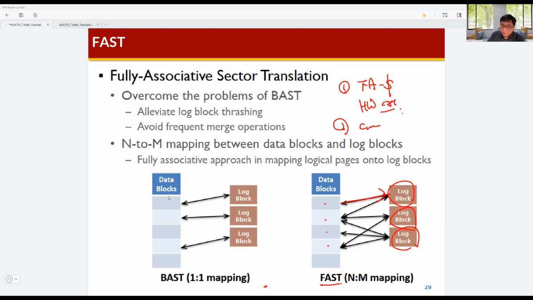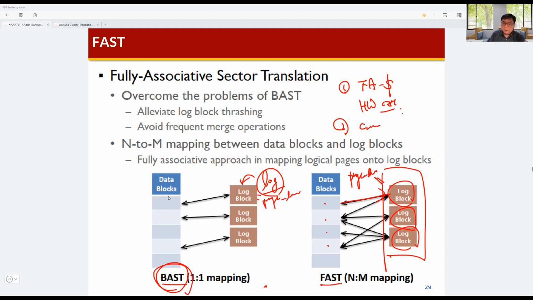Okay, because actually this mapping is very similar to the page level mapping mechanism, right? So actually the idea of BAST is that for this log block we can apply the page level mapping, but this page level mapping is restricted to inside of a certain log block.